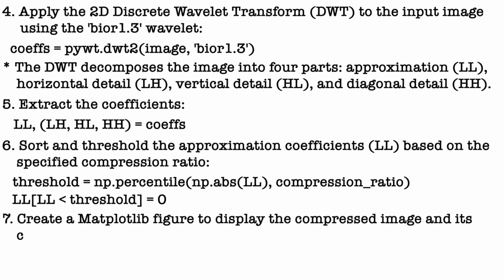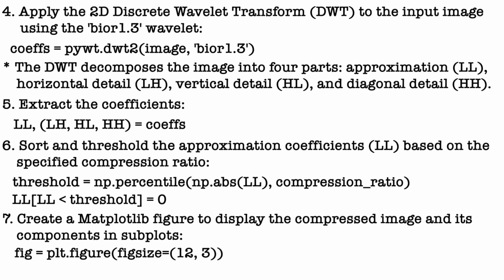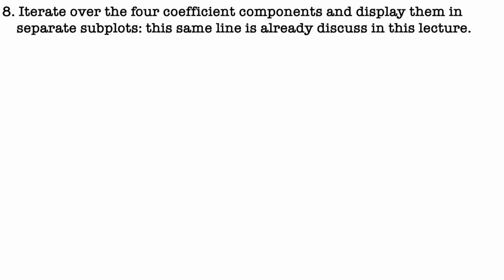Create a matplotlib figure to display the compressed image and its components in subplots. For this we type fig equal to plt.figure, figsize equal to 12 by 3. Then iterate over the four coefficient components and display them in separate subplots. This same line is already discussed in the previous section.